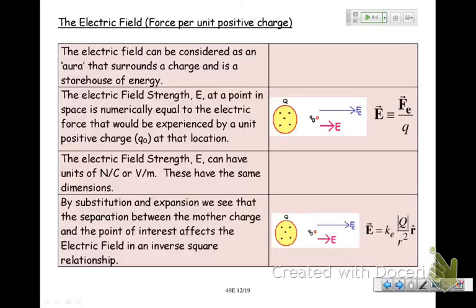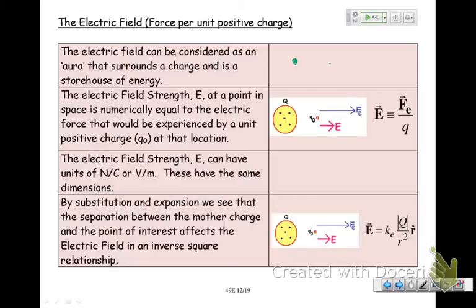What we're going to say is, okay, look, the electric field can be considered as an aura that surrounds a charge and is a storehouse of energy. So we have a charge. And like gravity spreads out around a planet or any mass, so around a charge we have an electric field. We say that gravity, the gravitational field, little g, always points towards the big mass.